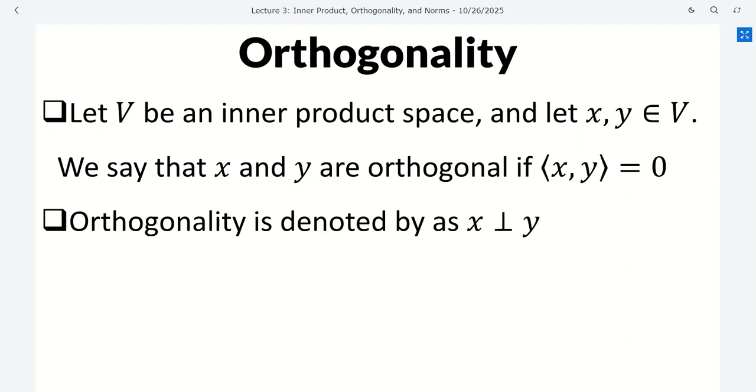Right. So let's proceed. The orthogonality, let's be quick. So we said when you find the inner product of two vectors and you get 0, it means they are orthogonal. When vectors are orthogonal, it means they are not pointing in the same direction. They are pointing in two different directions, opposite or different. So we have a unit vector i here, we have a unit vector j over here.